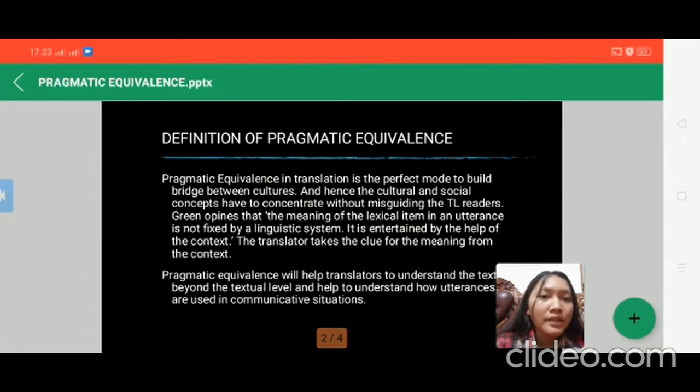Green opinions that the meaning of the lexical item in an utterance is not fixed by a linguistic system. It is entertained by the help of the context. The translator takes the clue for the meaning from the context. Pragmatic equivalence will help translators to understand the text beyond the textual level and help to understand how the utterances are used in communicative situations.